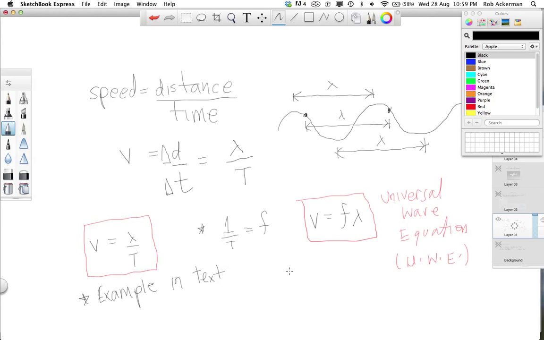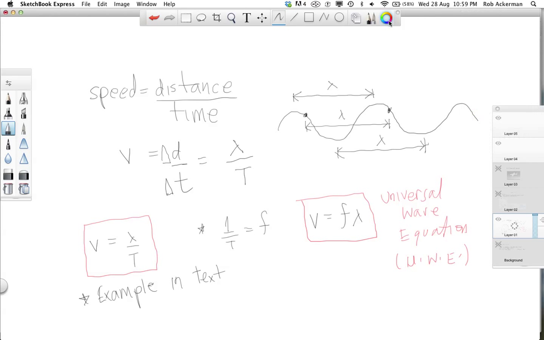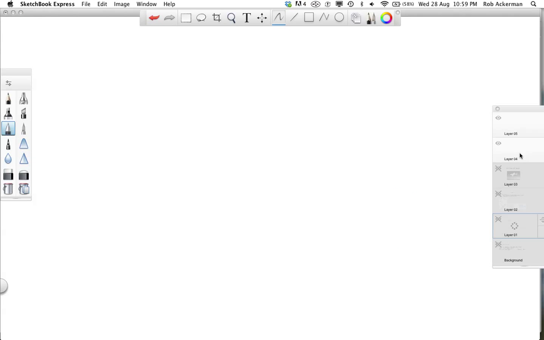Now, something that is worth noting is that when a wave is traveling through a medium, for example, sound waves are traveling through air or water waves are traveling through water, it is true that the waves have a certain speed which is actually constant. So let's close this out for a second and go to another page here.